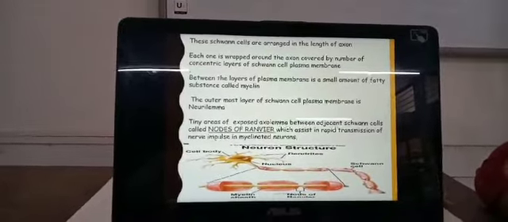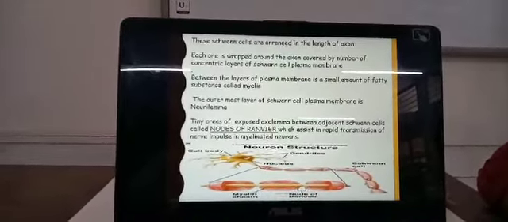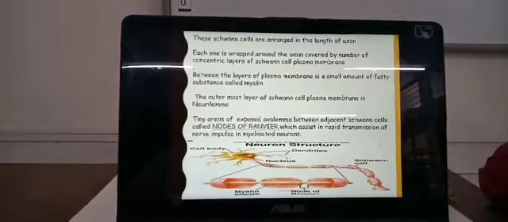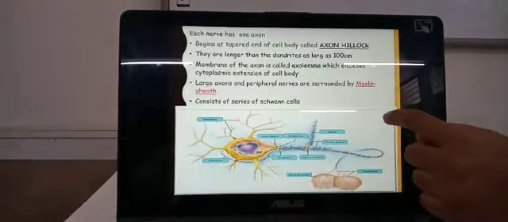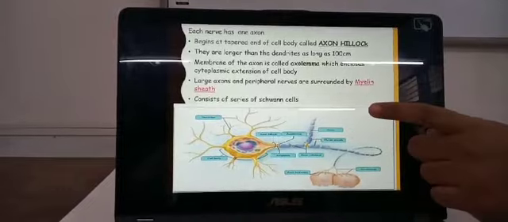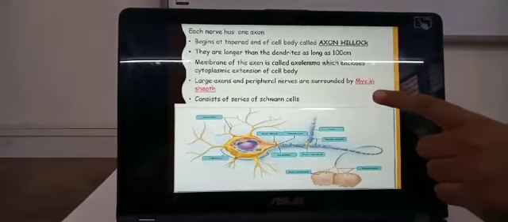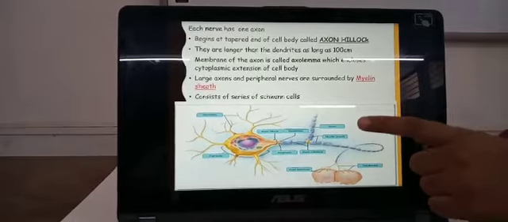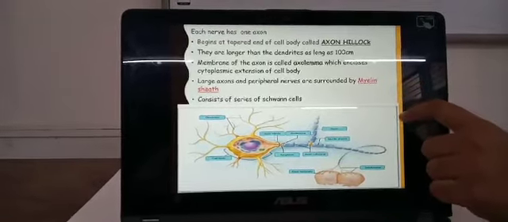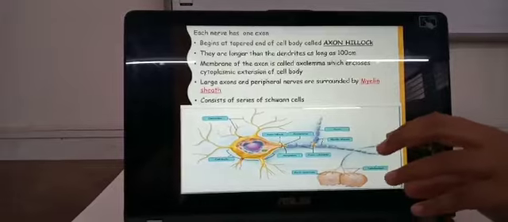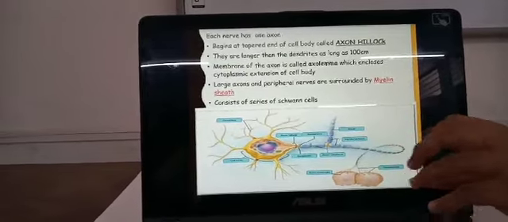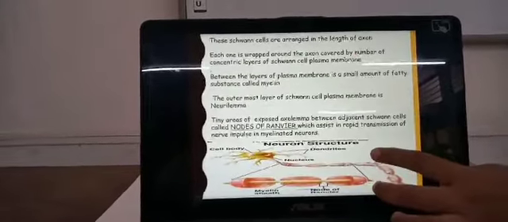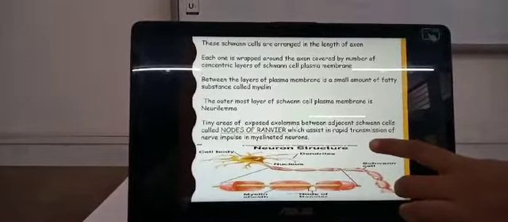Tiny areas of exposed axolemma. What did we learn was axolemma in the previous slide? What is axolemma? Where is it? The membrane of the axon is called the axolemma, which encloses the cytoplasmic extension of the cell body. So the axolemma contains cytoplasm, which is an extension of the cell body. And here what does it say?